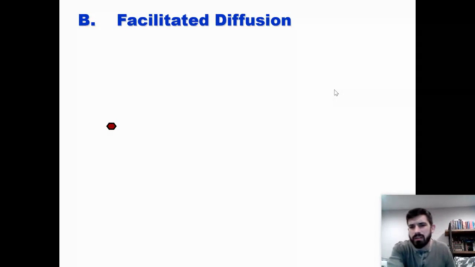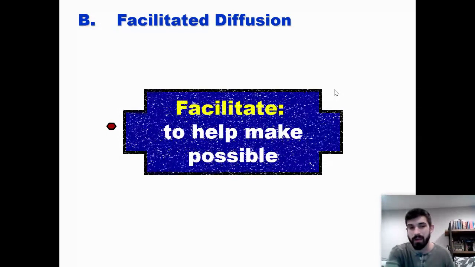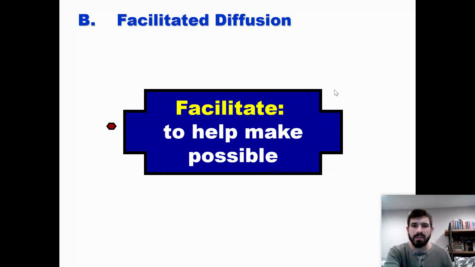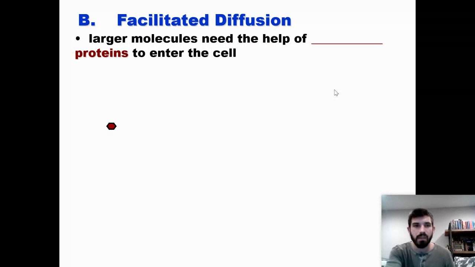What organelle do you think is going to be facilitating diffusion of things into and out of the cell? Hopefully, based on context clues over the past week and things we've been talking about in this class, you were able to answer the cell membrane. All right, the cell membrane is going to facilitate this diffusion. It's going to help make diffusion possible.